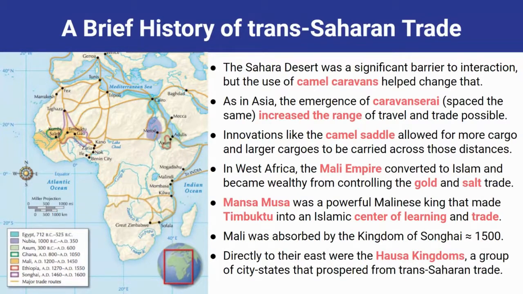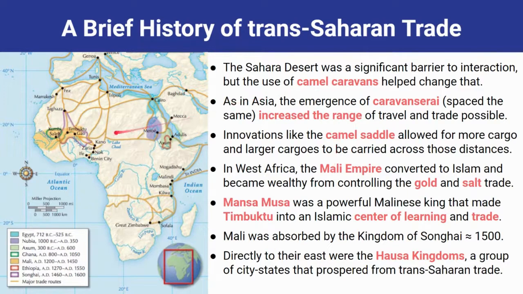So he builds mosques and houses of learning, and between his reputation as this devout and wealthy Muslim and the infrastructure he builds in Timbuktu, that attracts a lot of Muslim scholars to Timbuktu, and that actually increases the profile of the city. It's also an important trading hub. You should know that Mali gets absorbed into the Songhai Kingdom around 1500. We'll learn about them in Unit 3, so I won't get into it too much. But around 1500 they go away.